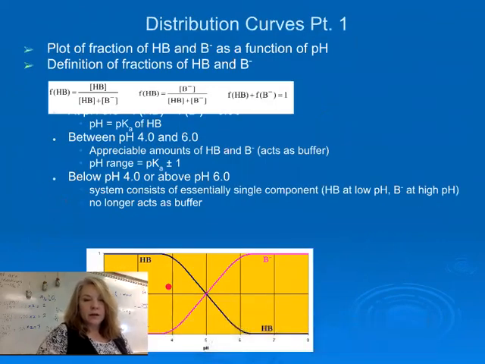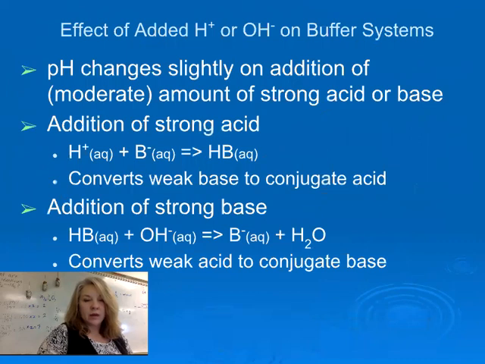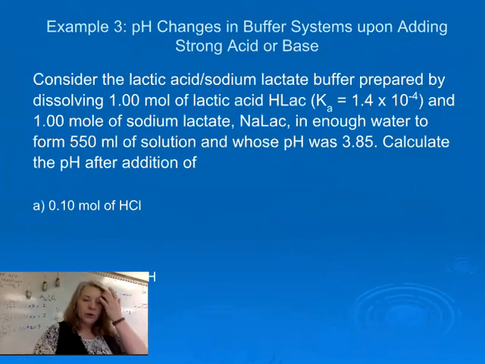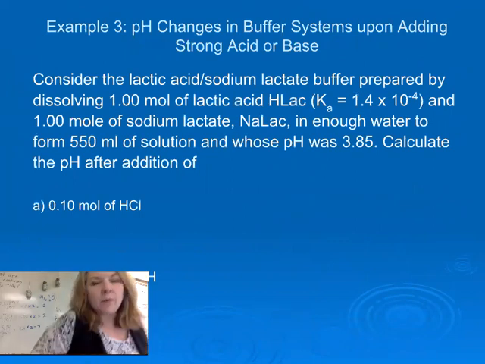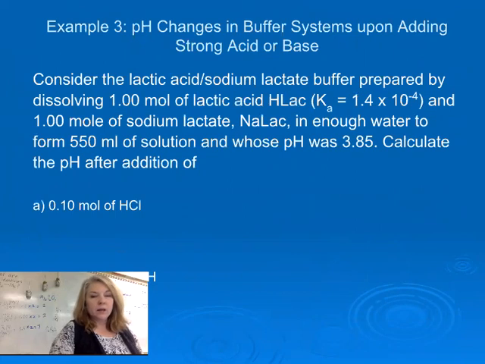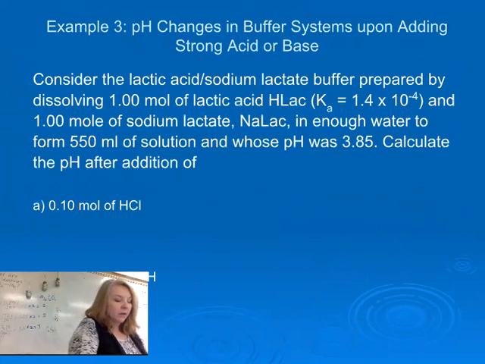Okay, now I'm going to skip through some of this, and I want to look at what's happening whenever we add a strong acid or a strong base to our buffered system. So let's go back and first of all, let me write down what we're going to be adding.